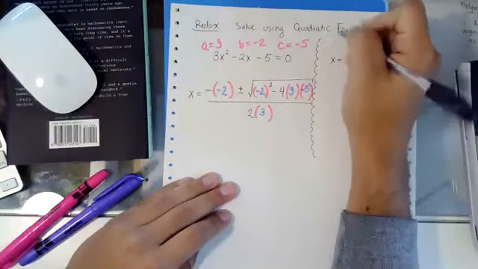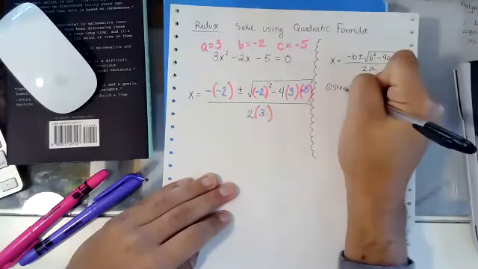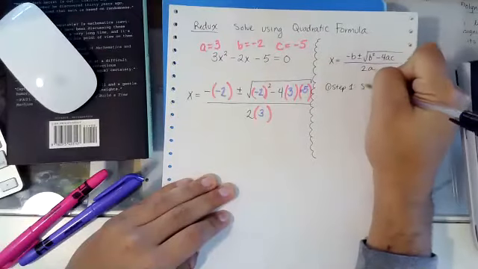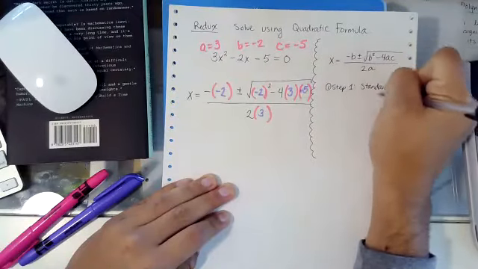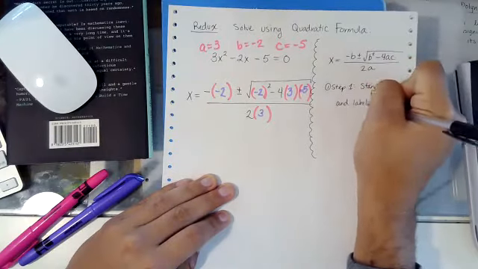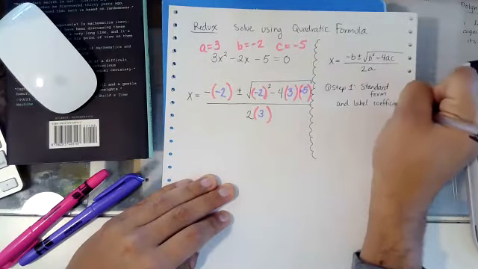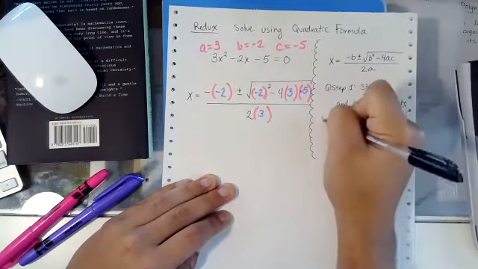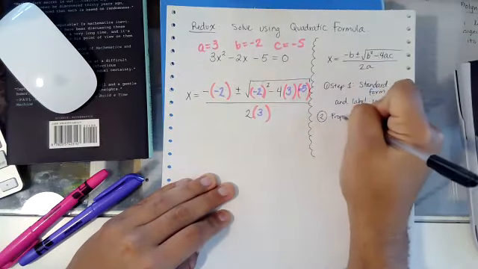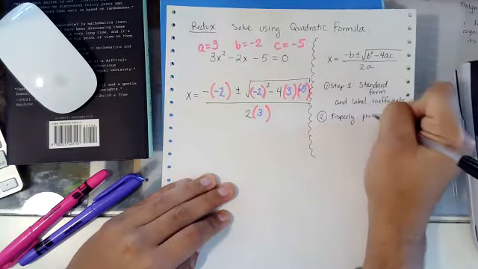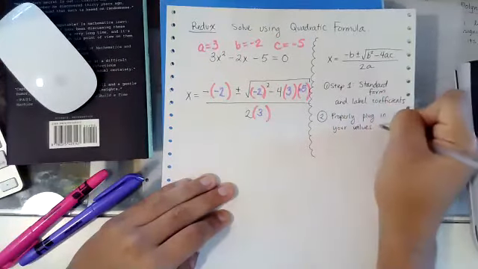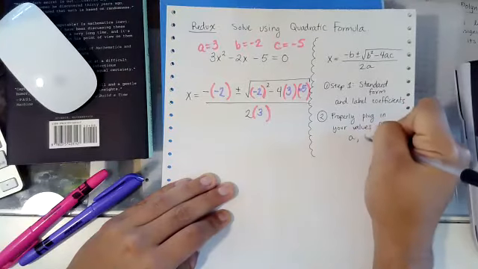So let's say step 1: make sure that it's in standard form and label the coefficients. Step 2 is to properly plug in your values for A, B, and C.